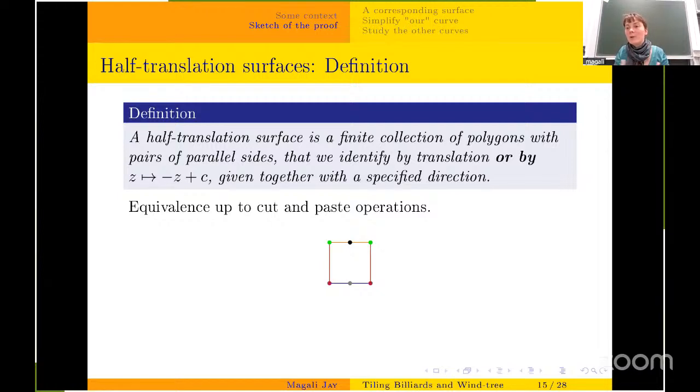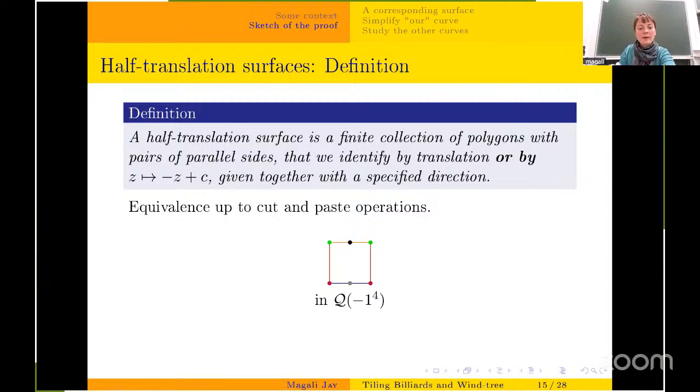So we have 4 singularities of conical angle pi, but in other surfaces we can have more angle, like 3 pi, 4 pi, etc. Okay, and so we denote by Q the moduli space of these half translation surfaces.